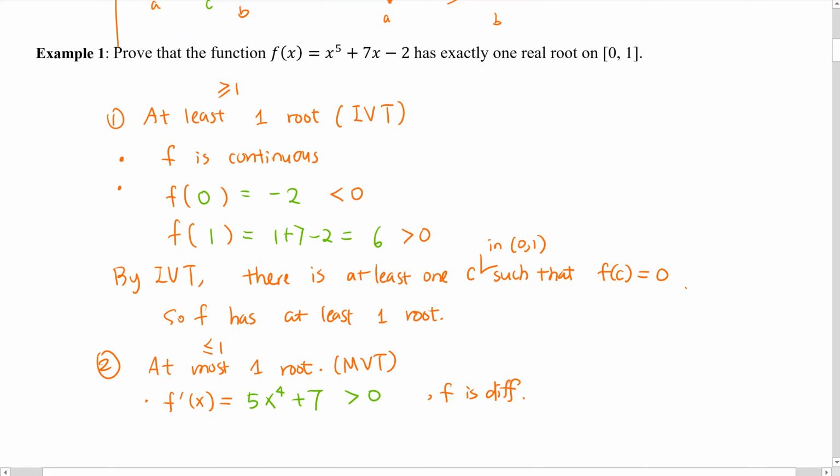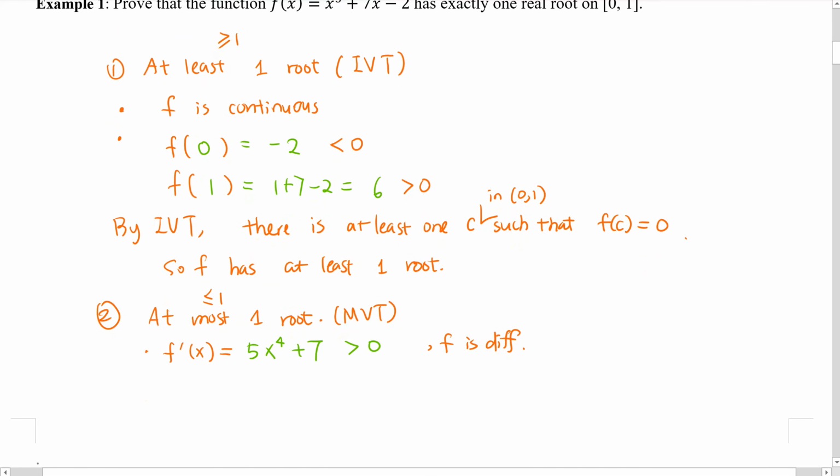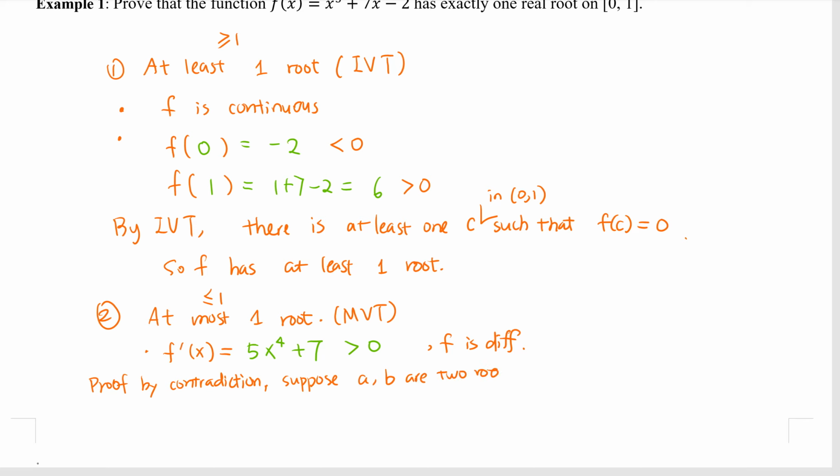So how do we prove at most one root? We prove by contradiction. Suppose we have more than one root. Suppose a, b are two roots. That means f of a equals f of b equals 0.